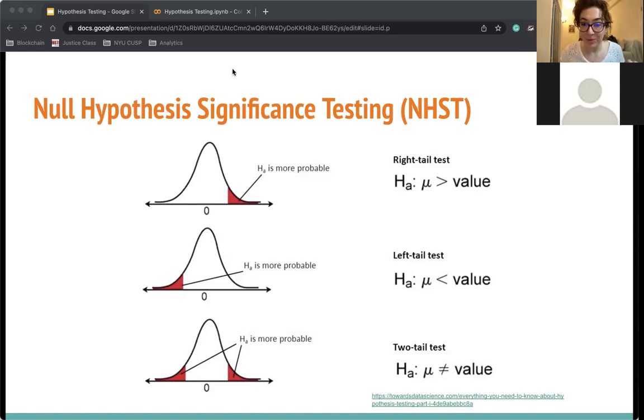So we would be able to use this to then reject the null hypothesis if we find evidence that is extreme enough to fall outside of our confidence intervals.